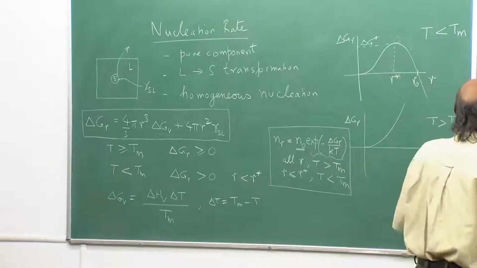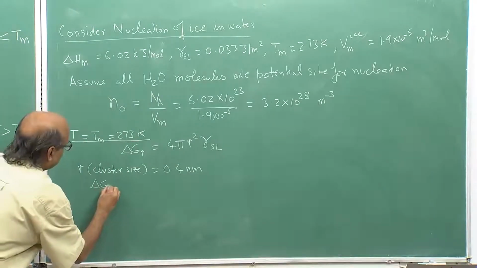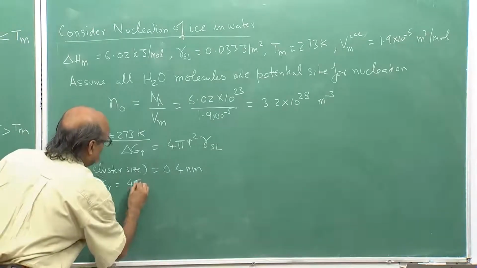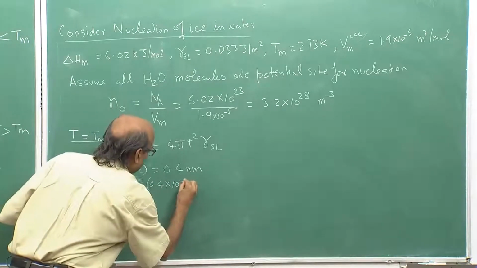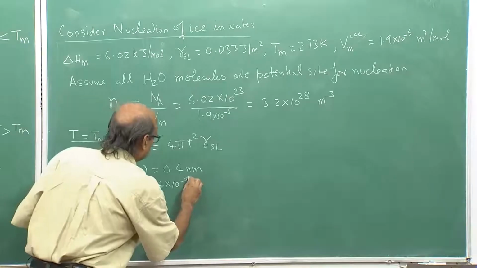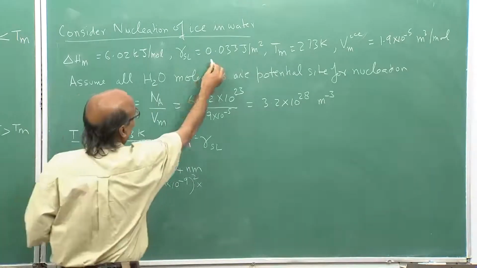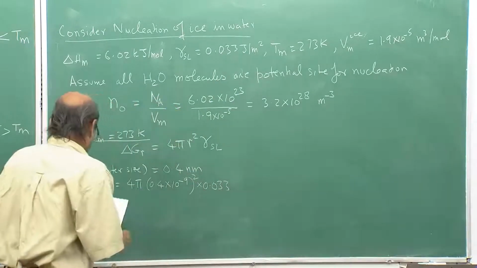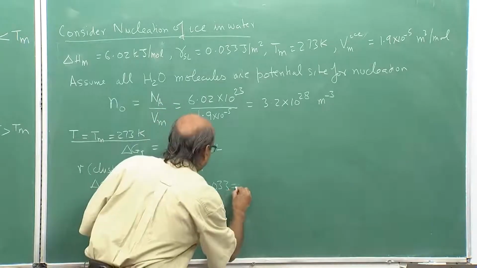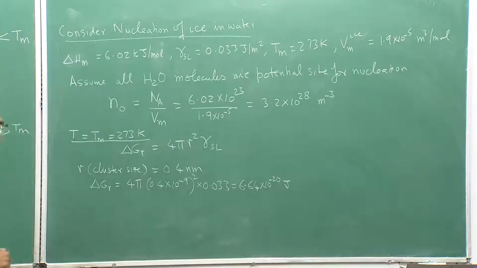For this, first let us calculate for 0.4 nanometers delta GR, which is 4 pi times R, 0.4 into 10 to power minus 9 to convert to meters, squared, multiplied by gamma SL, which is 0.033 joules per meter square. This gives me a value of 6.64 into 10 to power minus 20 joules.